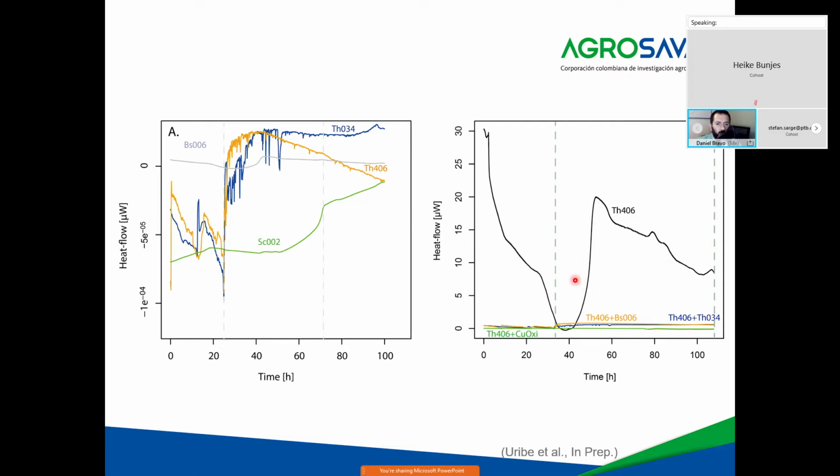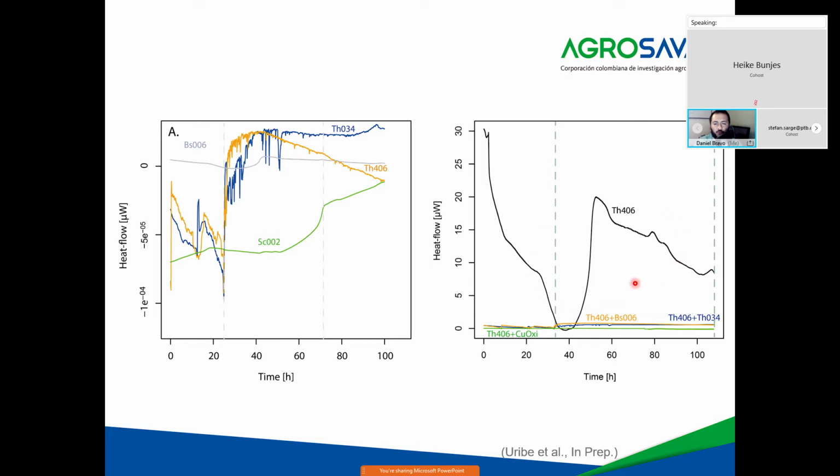In this other experiment, since we have characterized the times they need to be really active, after 24 hours of growing the Scopulariopsis sp, we added the other strains, the biocontrollers, and we have seen that TH406, the Trichoderma spirillum isolate from pod, is really interesting and has interesting fluxes of heat flow against the pathogen.